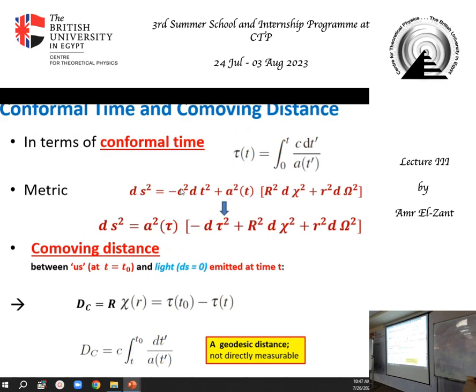This means this is the distance the light traveled from the beginning of expansion to today, in today's length scale. You need to define what length scale, because the universe is expanding.